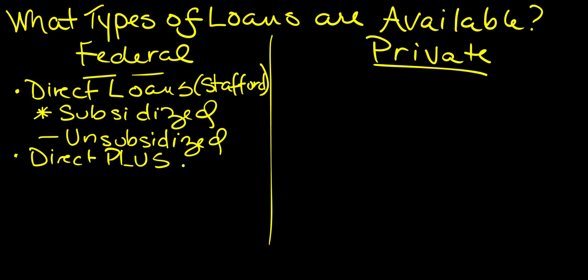And so typically, they are not something that a freshman in college is going to take out because they typically don't have a credit history. And so it's intended to cover any expenses that your other aid does not cover. So you would want to go for the direct loan first and then the plus loan on top of that.